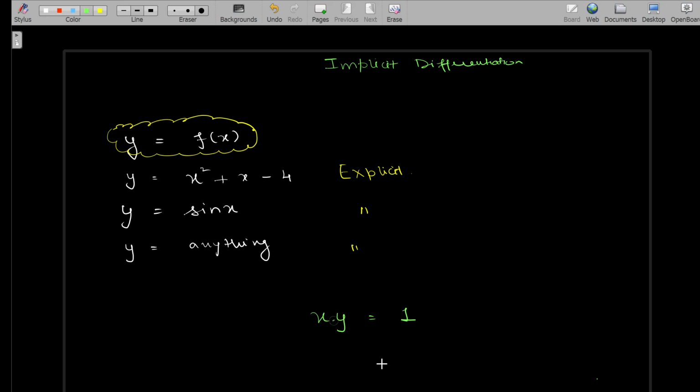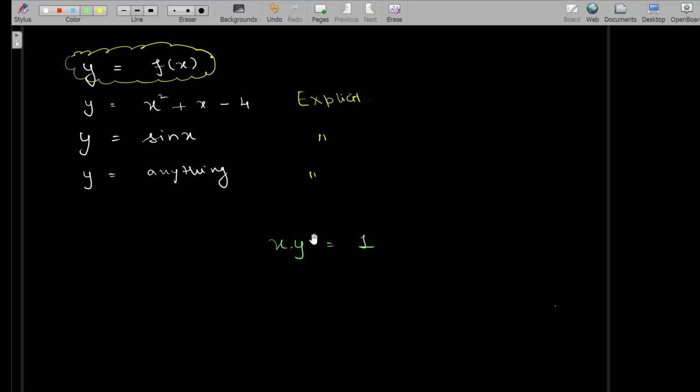X times y is equal to 1. Now this is an implicit function. You will see something will be either multiplied by y or something added with y. So y will not be alone on the left hand side.